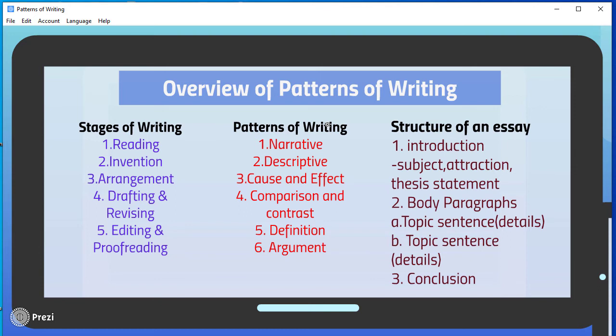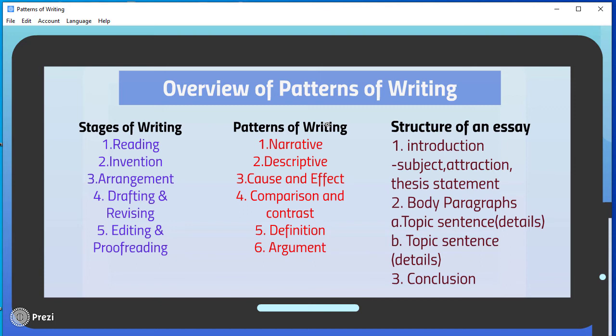When a question is asked to you, you need to have some subject matter, some content, some knowledge about the topic. So what do you do?